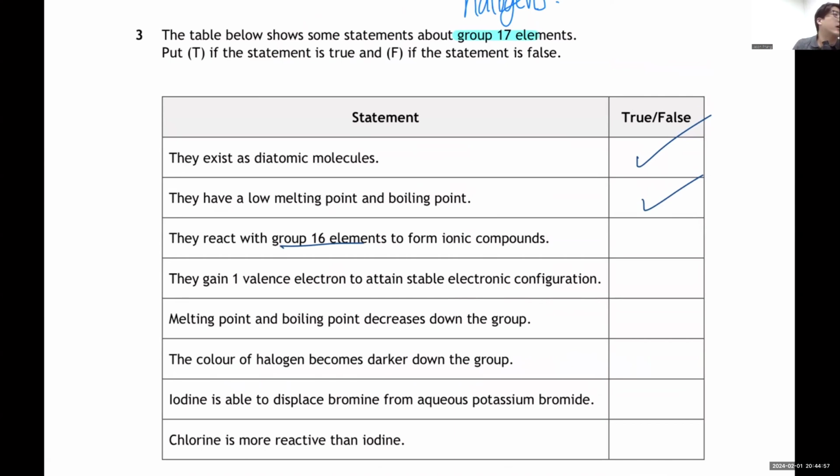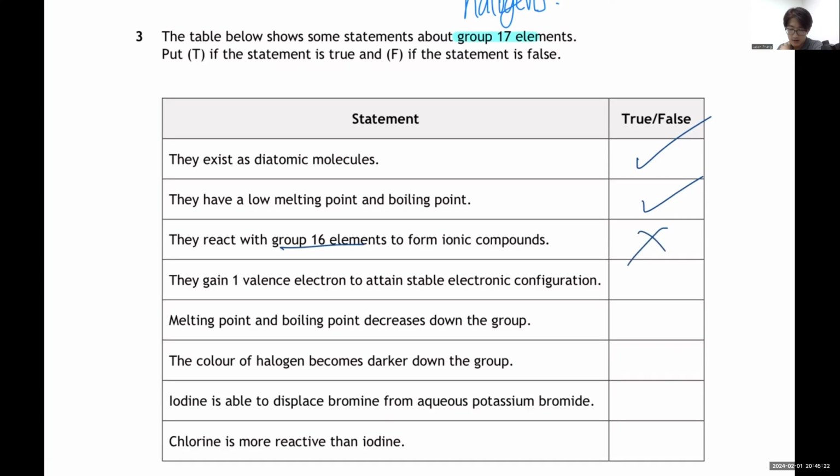Yeah, very cool. If it's 16, it's what? Metal or non-metal? Non-metal. So, 17 is metal or non-metal? So, non-metal, non-metal for what? But we just had it on the previous page, isn't it? Hey, so it's false lah. Okay.